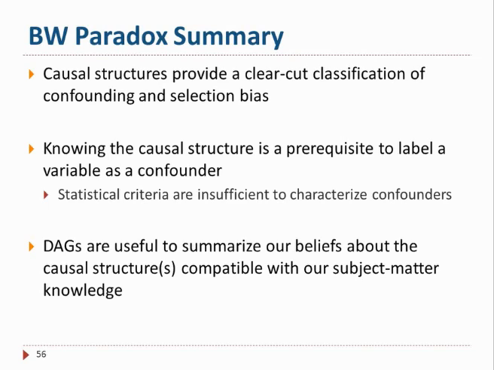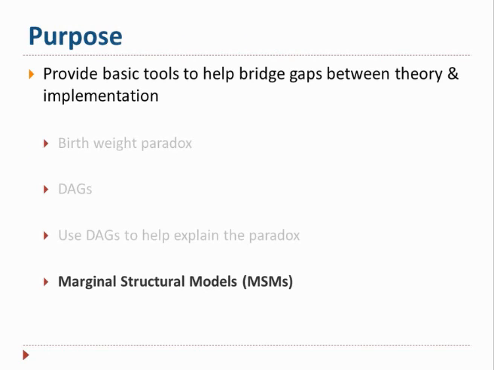And DAGs are a really useful way to summarize our beliefs about the causal structures that are compatible with our subject matter knowledge. So this is where we get to be epidemiologists versus just biostatisticians. We get to use what we know about biology and the situation of what's going on and really decide which factors we need to be thinking about.